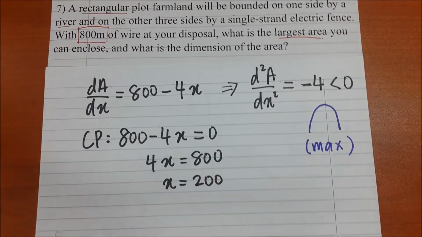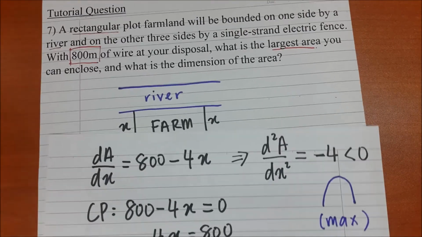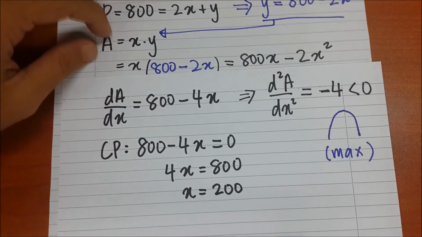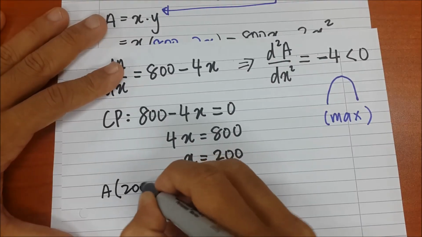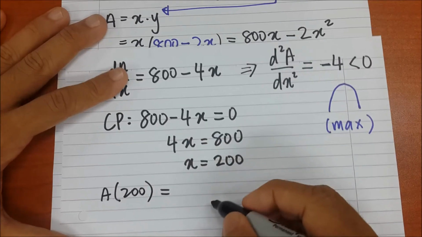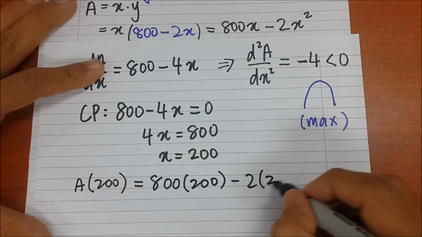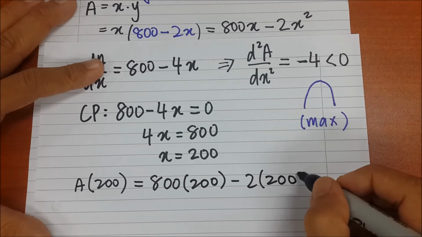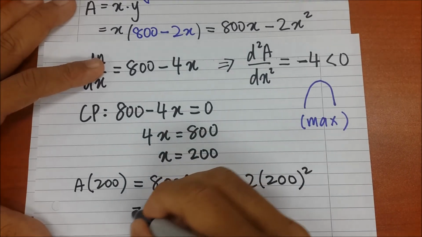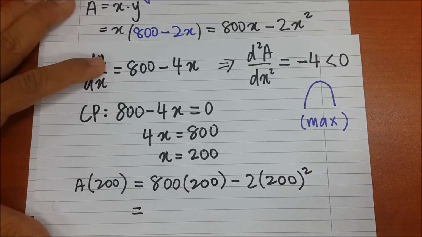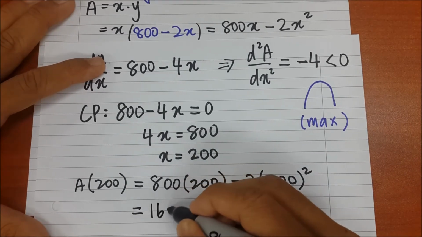Right, so since it is confirmed at X equals 200, you're going to get a maximum value. So we can substitute X equals 200 into our function of A. A(200) equals 800 times 200 minus 2 times 200 squared. Right, so that gives you 160,000 minus 80,000.